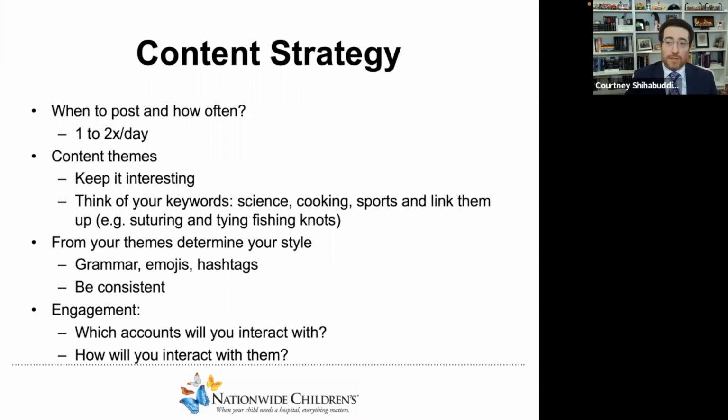That would be what type of grammar you would use, if you're going to use emojis, and which hashtags you would use. And hashtags are very important because those will build your brand. This is how people will find you to follow you. This is how collaborators would find you. You should be consistent in both your style and your theme, and that would drive up your engagement with colleagues or other stakeholders that could find your account and you would interact with them.